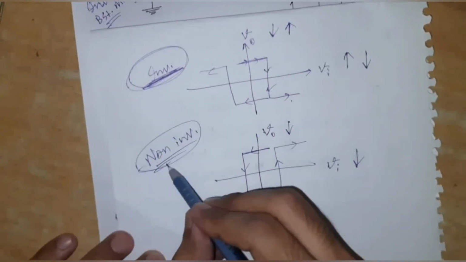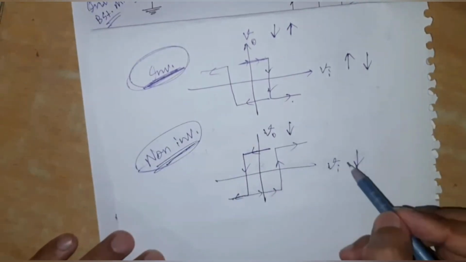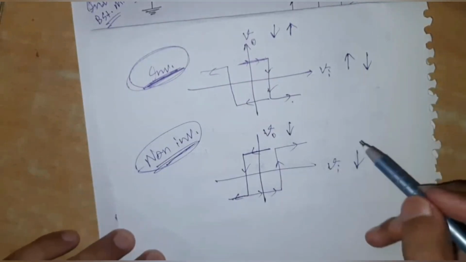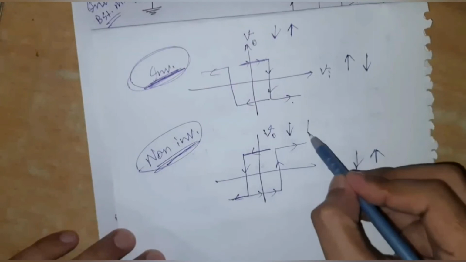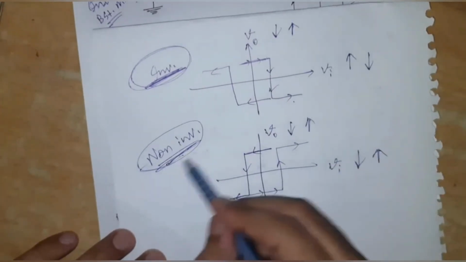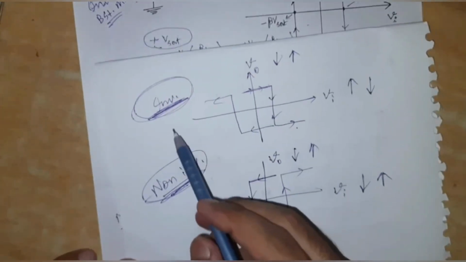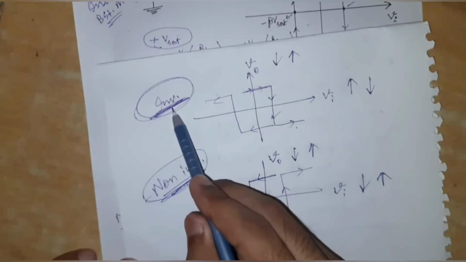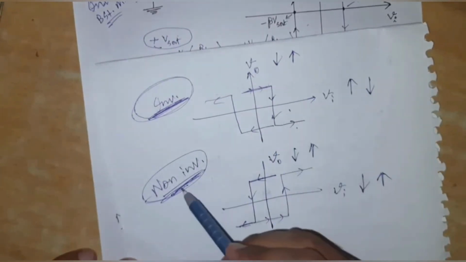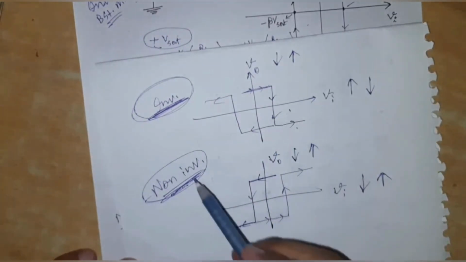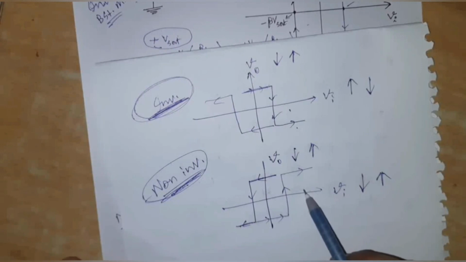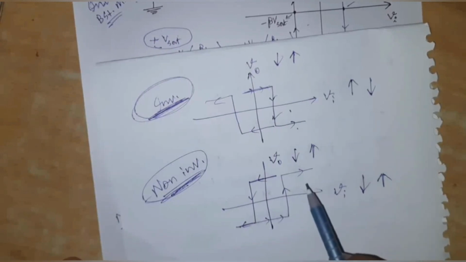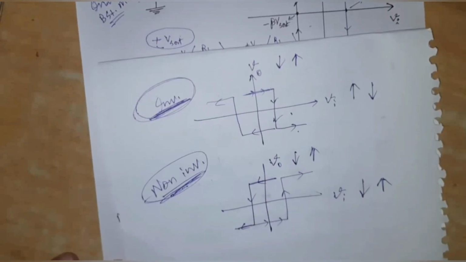So you see, it is non-inverting. That is, when V input decreases, V output will decrease, and when it increases, V output will also increase. So you can just remember from the two basic words: for the inverting bistable multivibrator, this is how it functions, and for the non-inverting bistable one, this is how it functions. This will help you not get confused between the transfer characteristics of the two bistable multivibrators.